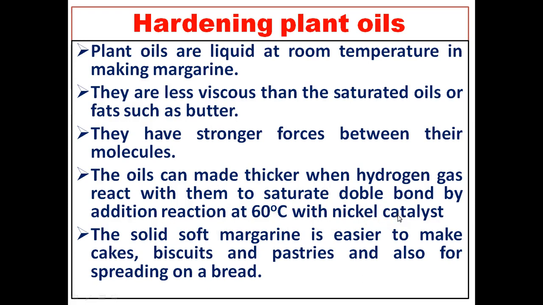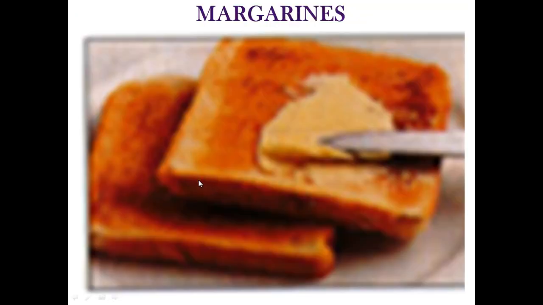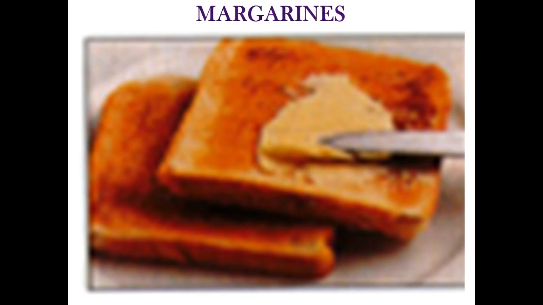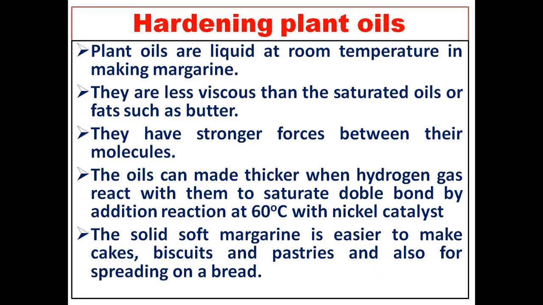The reaction we are going to do is the addition reaction, where plant oil and hydrogen are the reactants. When we use plant oil plus hydrogen in the presence of nickel as a catalyst at 60 degrees Celsius, we get margarine as the product.